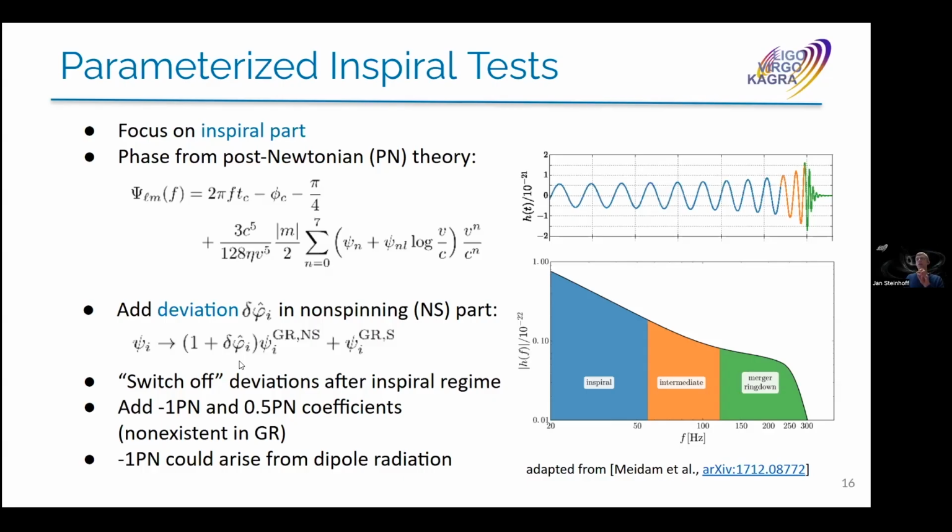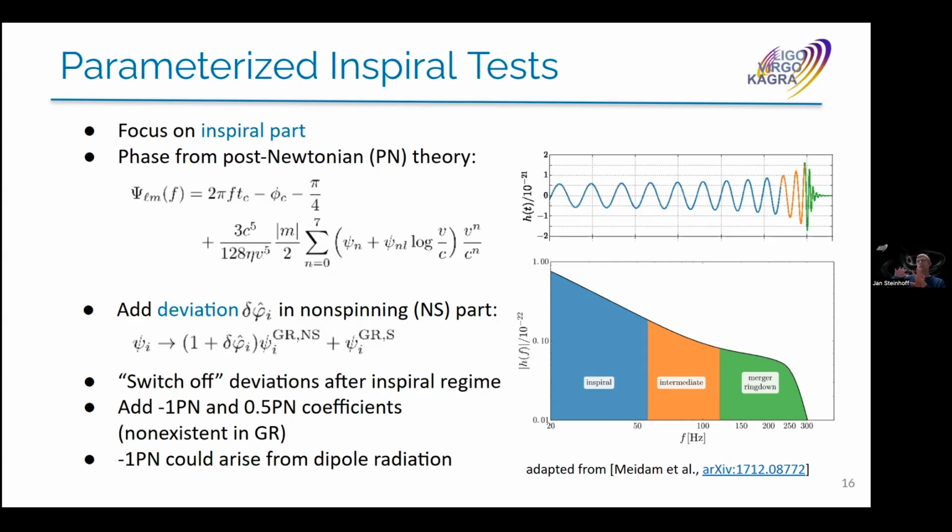That's more a choice for how we normalize the deviation parameter. So it doesn't mean that we are excluding spin from the investigation. And this is useful because otherwise one introduces correlations of the deviation with the spins, which is very hard to sample over. So that's the setup basically.